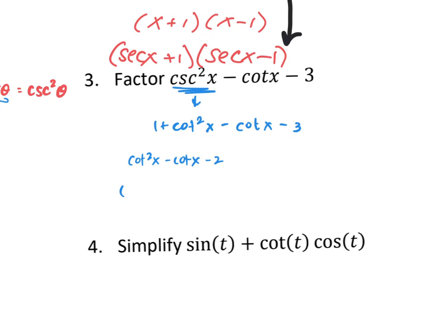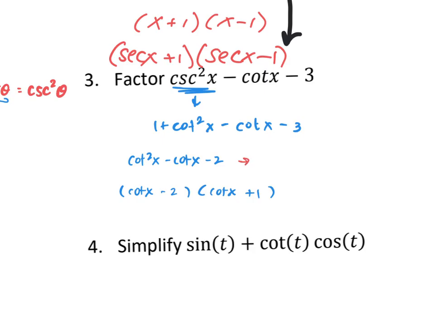So I'm going to do an example where I'm not using the algebra 1 example, okay? So this one I can just write cotangent times cotangent equals cotangent squared. And then to multiply to -2 and to add to -1, I'm going to get a -2 plus 1, okay?